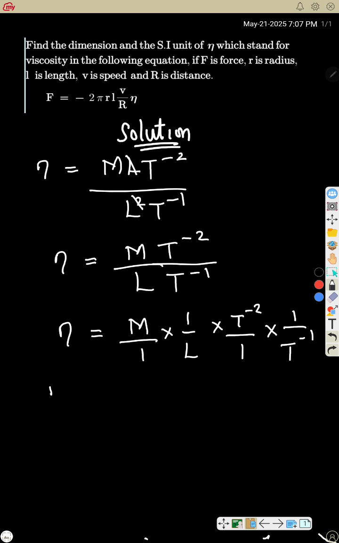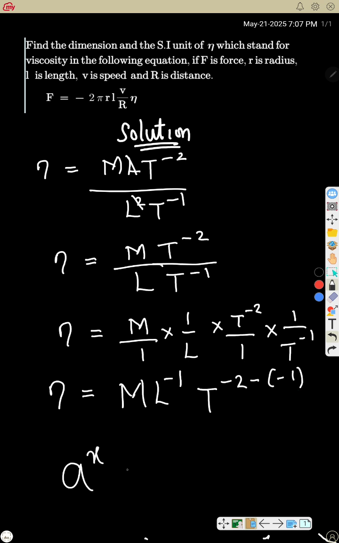So now viscosity is M L raised to power minus 1, because 1 over L is L raised to power minus 1, then T raised to power minus 2 minus 1. Why is it like that? Because in the law of indices, a raised to power x divided by a raised to power y is a raised to power x minus y.